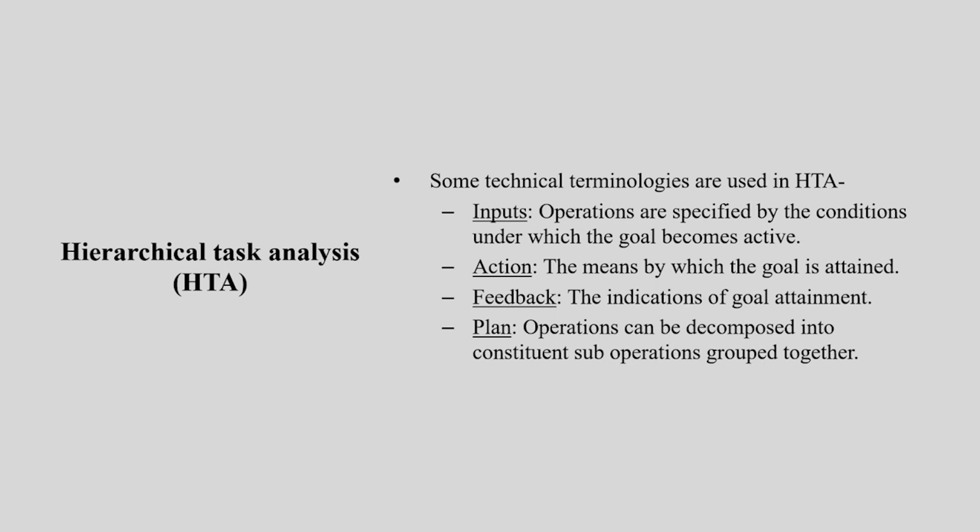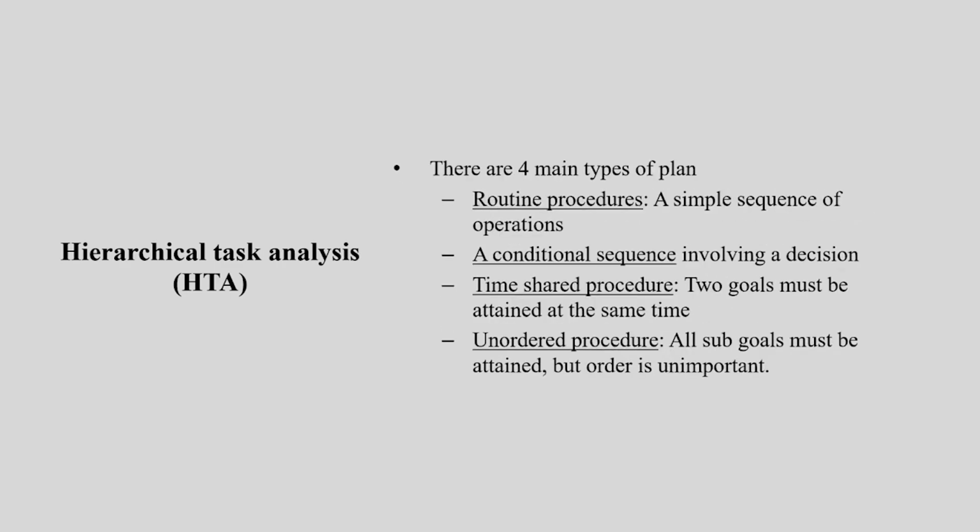And of course the plan. Operations can be decomposed into constituent sub-operations grouped together. That plan is very, very important. So, these 4 major terminologies we should understand before we go ahead with the procedure of hierarchical task analysis.